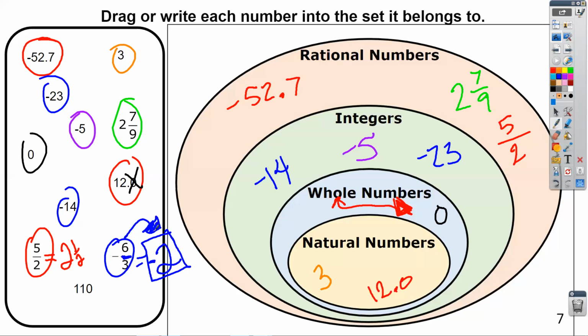If it simplifies down, it does not automatically get put in rational. It gets put wherever the simplified form is. So simplified, it's an integer. So unsimplified, it is still an integer. And the last one, 110, that would be a counting number.